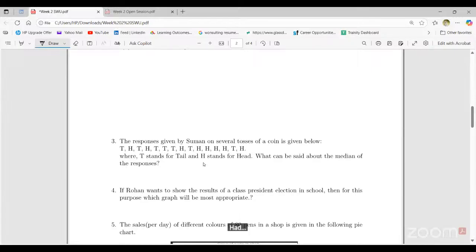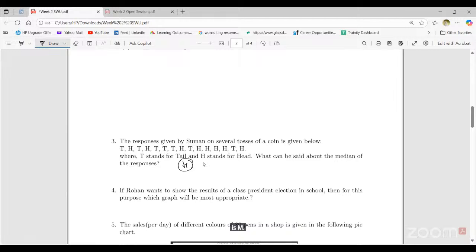Median is head. What about others? Head, ma'am. Everybody agrees with this?